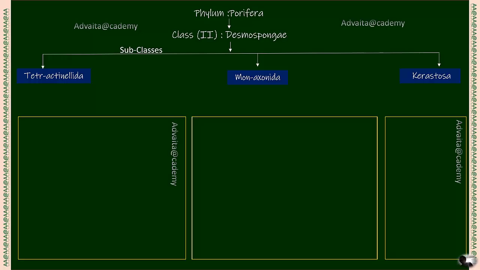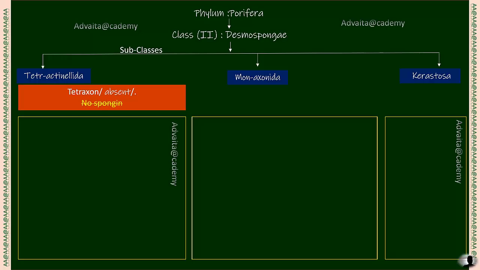In Keratosa, there is no spicule at all. You have to underline this and write it down. In Tetractinellida, there is no spongine fiber. In Keratosa, there are no spicules. So they are in contrast. Tetractinellida and Keratosa have contrasting features.